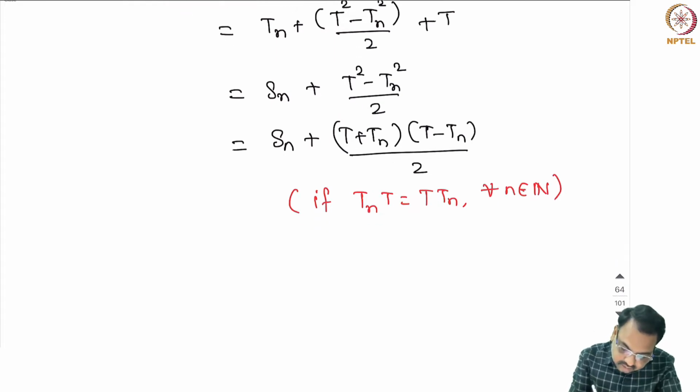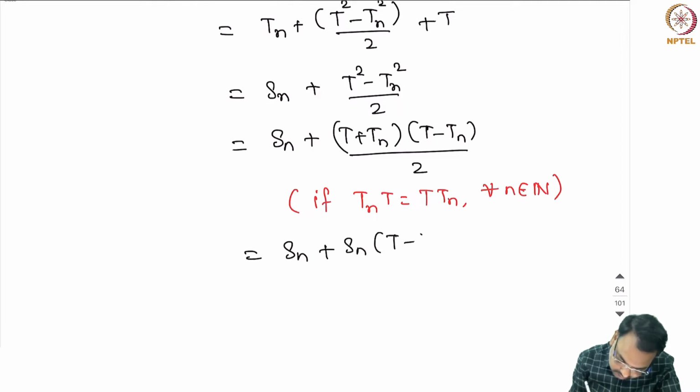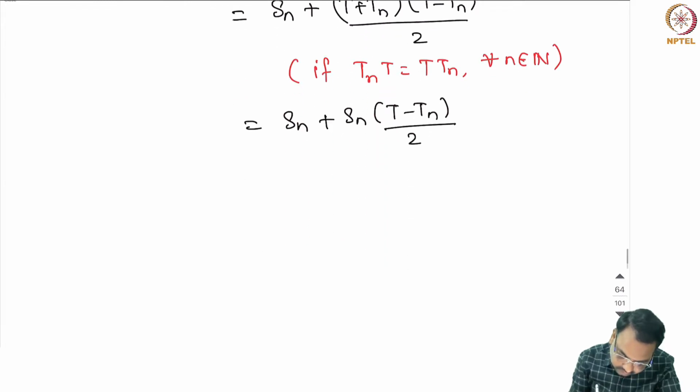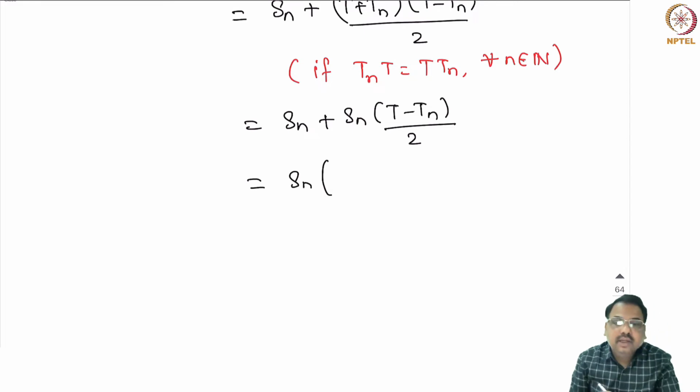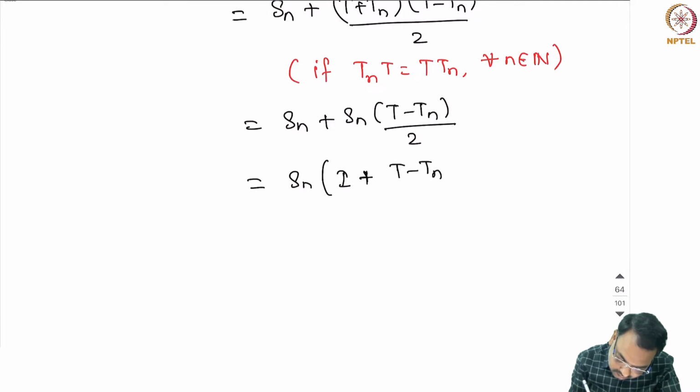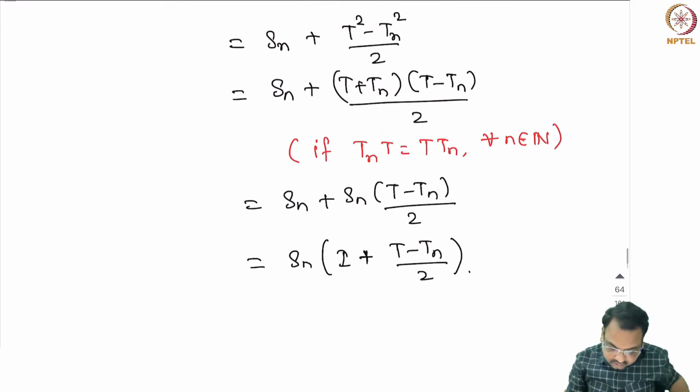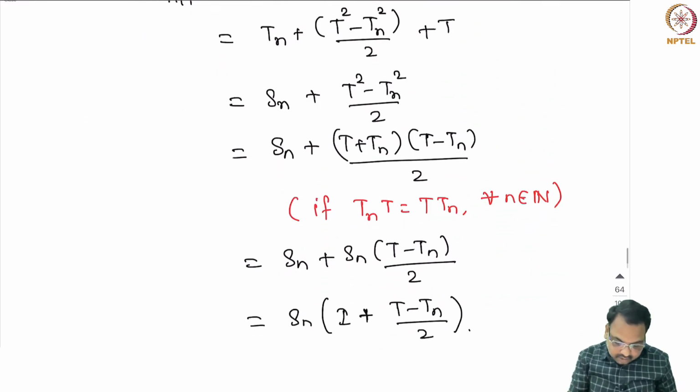So that means we can write this as Sn plus Sn into T minus Tn by 2. So we can write this as Sn common, I plus T minus Tn by 2, with the assumption that T and Tn commute.